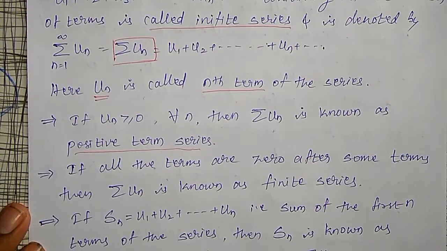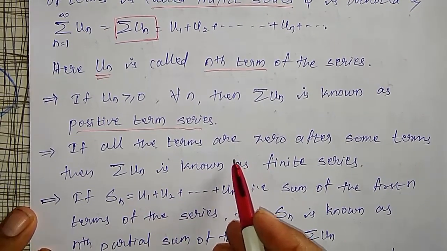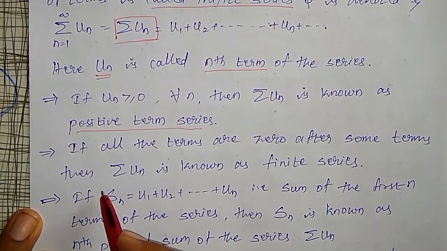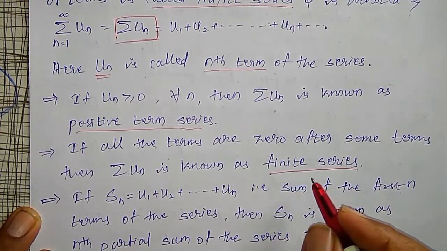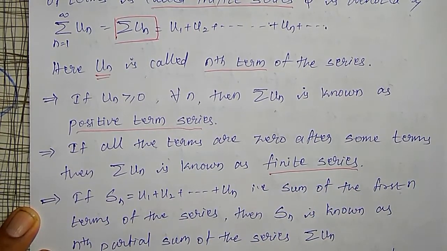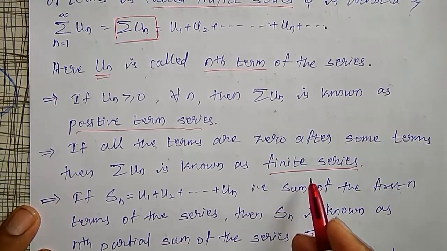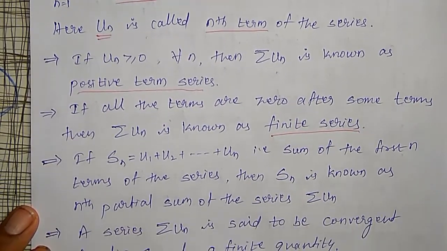Next, if all the terms are 0 after some terms, then un is known as a finite series. That means if the series contains a finite number of elements, it is known as a finite series. Usually we are discussing infinite series only here.